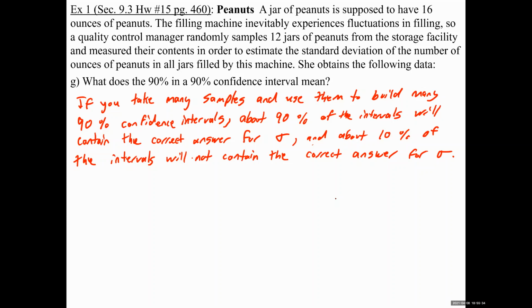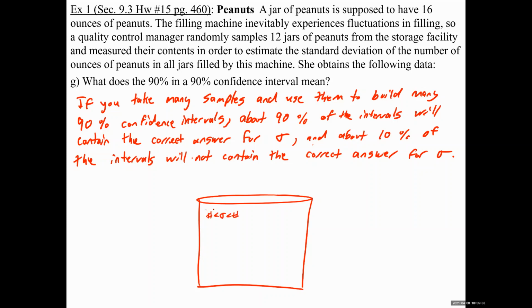Okay, one last thing. I keep mentioning this because this is a very important visualization. We took one sample, in this case of 12 jars of peanuts, and we built an interval for sigma. But I want you to imagine we do this over and over again. We take another sample of 12 jars and we build another interval for sigma. We say sigma is between these two numbers. We put our answer on an index card. Then we take another sample of 12 jars and we get another interval. Every time you take a sample and go through what we went through in this problem, you'll get another interval.